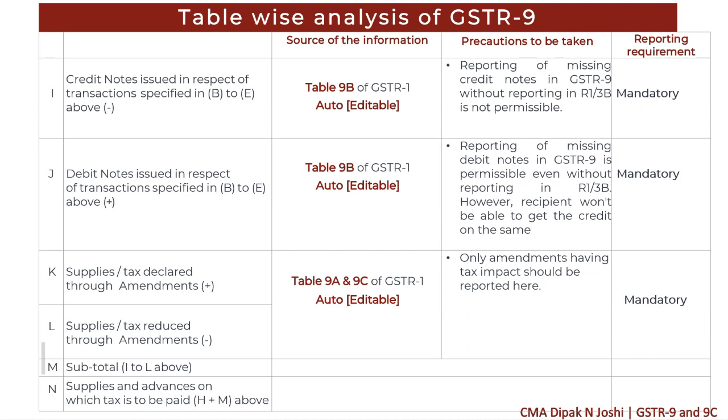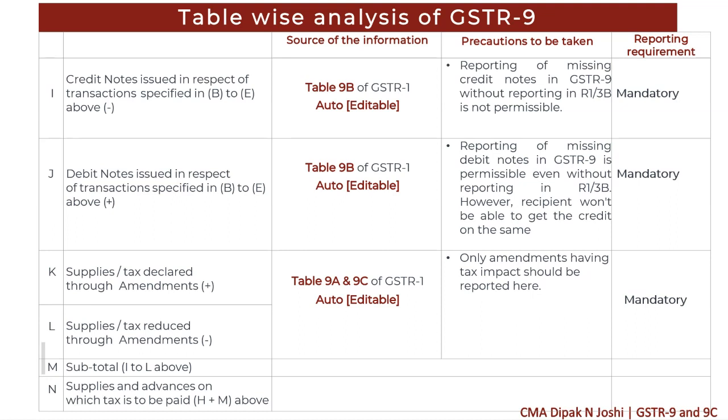And that is why the criterion as far as debit note is concerned is that you can report additional debit notes which are not declared or which are missed in GSTR 1 and 3B. But you should ideally go through GSTR 1 and 3B because your recipient will not get the input tax credit if it is not reported in GSTR 1.